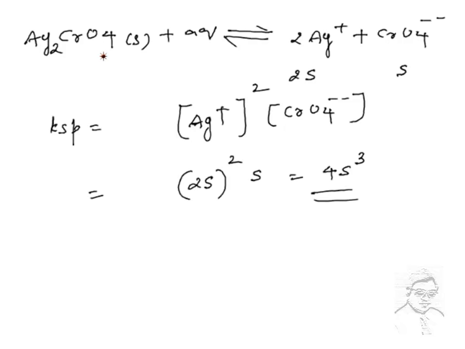This is the limiting case, and this will just lead to the commencement of precipitation, just the beginning. Right? If you get these fellows from some other source, and this product is meeting the Ksp value of this, precipitation will just commence, limiting situation.